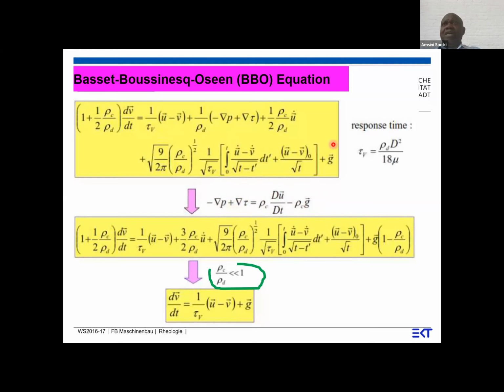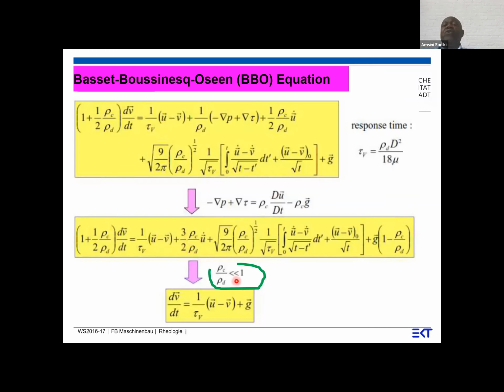We introduce them in this equation at this place. This will go together with this one here, because this is u dot, and this one will go together with this, and we have this term. And we see that everywhere we have this quantity, the ratio of the densities.